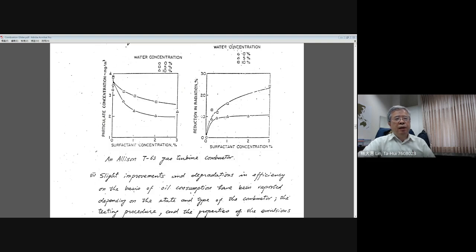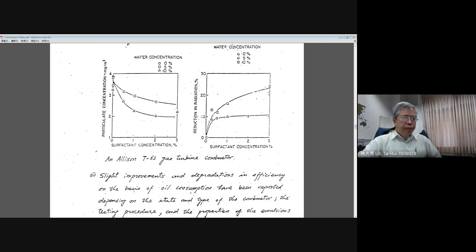Okay, and this reflects that this reduction in radiation actually comes from the reduction of the particulate concentration. Also, 10% water shows you the same result. They can have more reduction in radiation. That means the yellowish color is reduced.